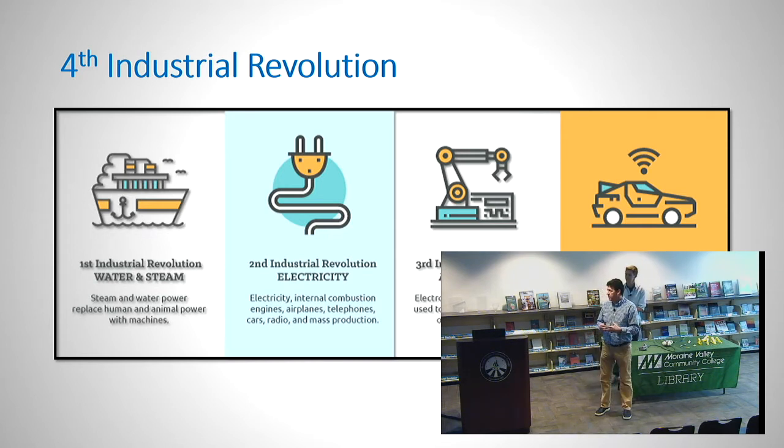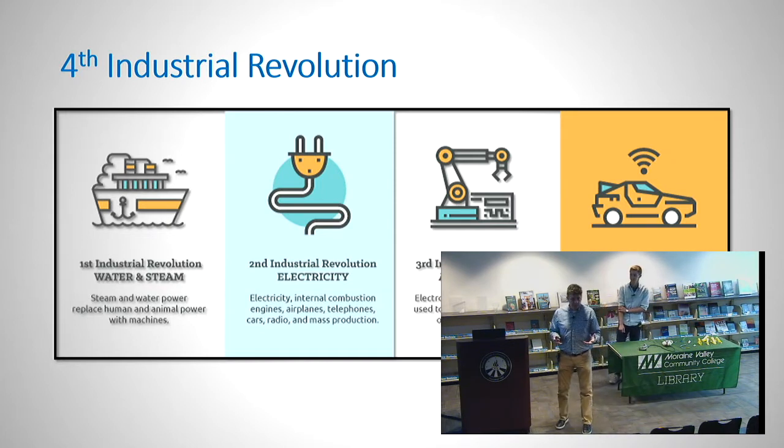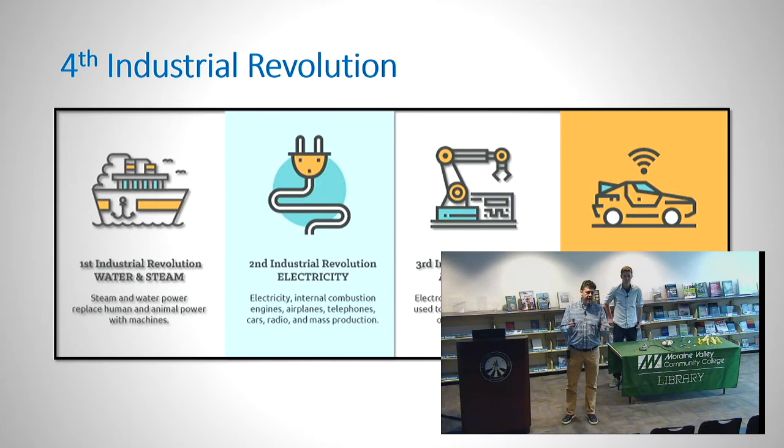The fourth industrial revolution includes Wi-Fi, nanotechnology, cybersecurity, and additive manufacturing. And so all of this is converging to really give engineers tools that 10, 15 years ago were not available at all.